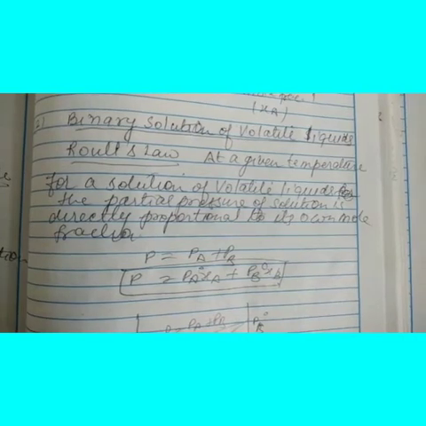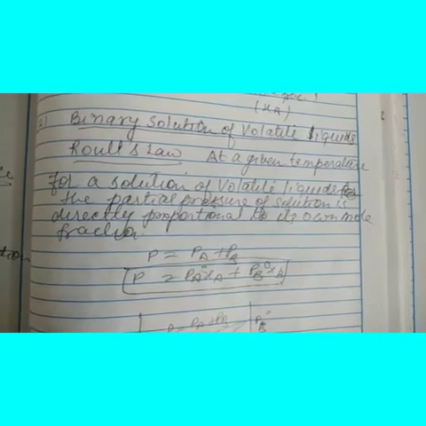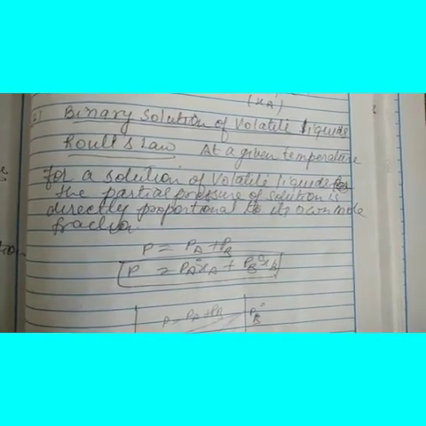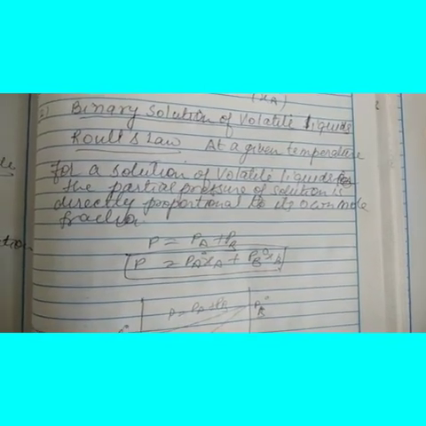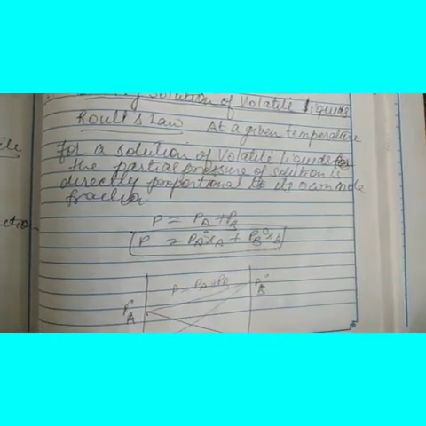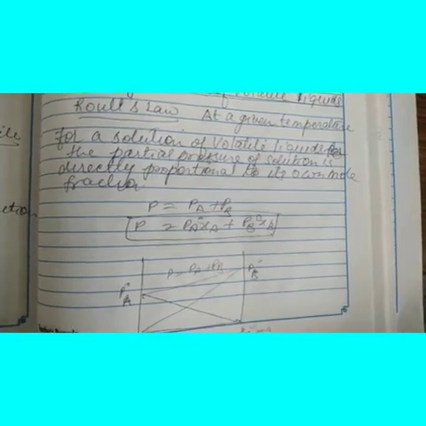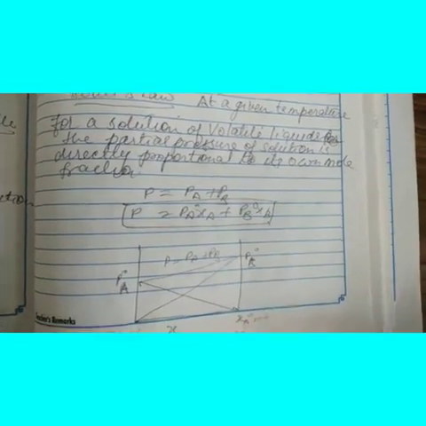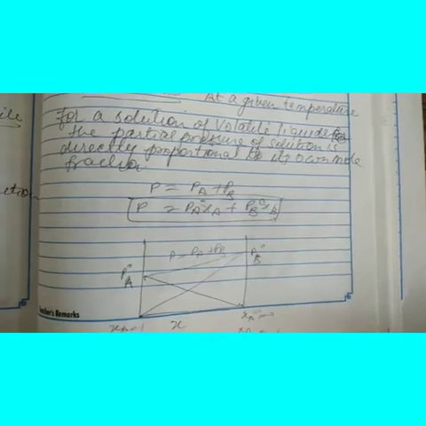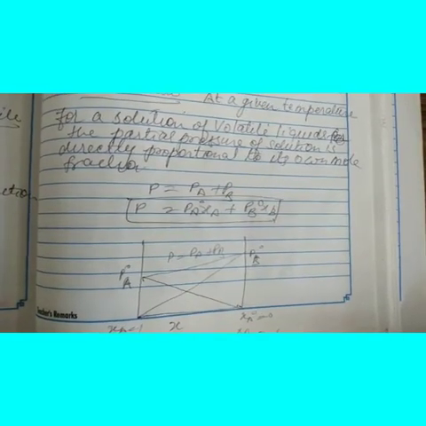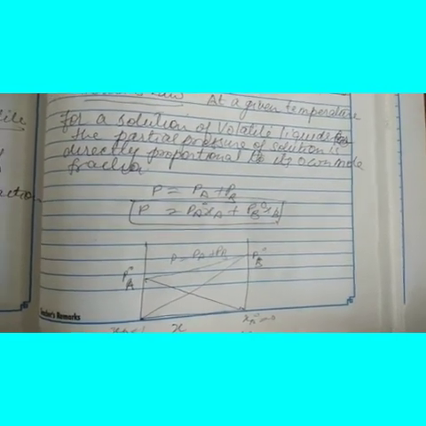So the total pressure P is equal to PA plus PB. It means the total pressure depends on the partial pressure of A and of B, meaning PA naught XA and PB naught XB. Now we draw the graph for both components, and the total is a straight line, PA plus PB.